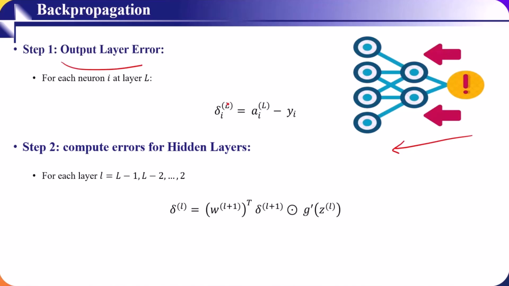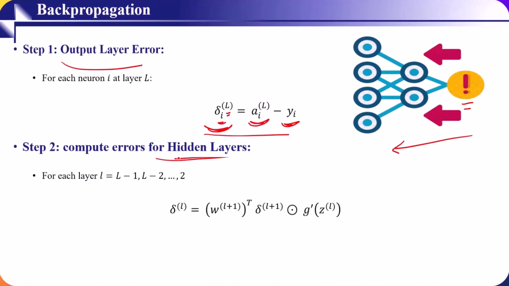For a given neuron i at layer L, we calculate the error, which we show by delta. This is simply the difference between the predicted value and the actual value. This equation represents how far off our model's prediction is from the actual value, and it is a starting point for adjusting weights in the network.